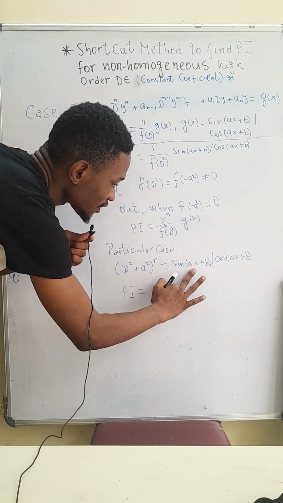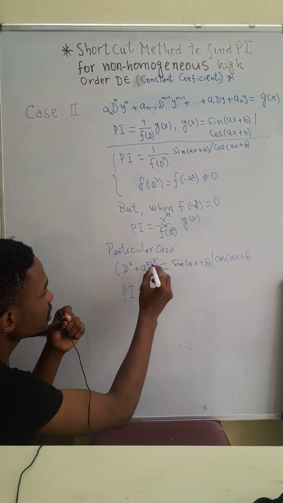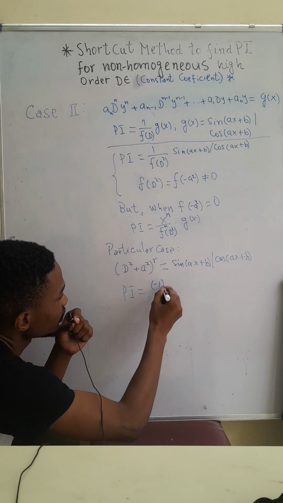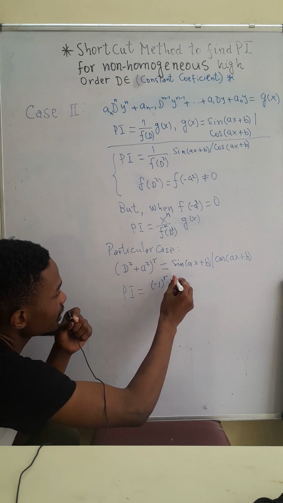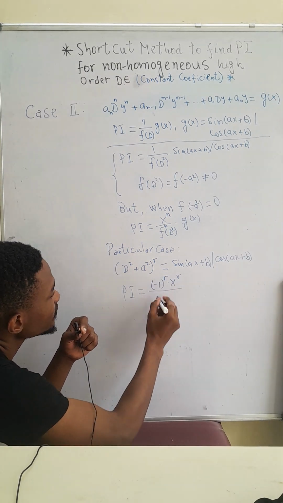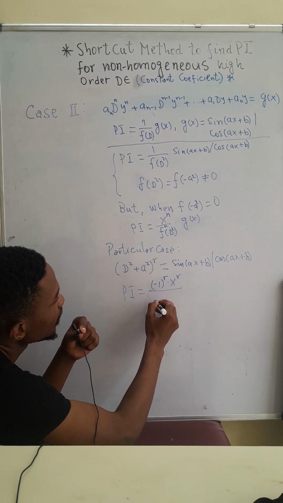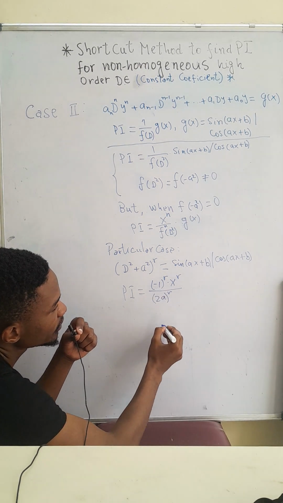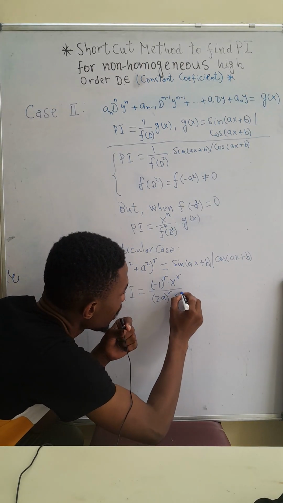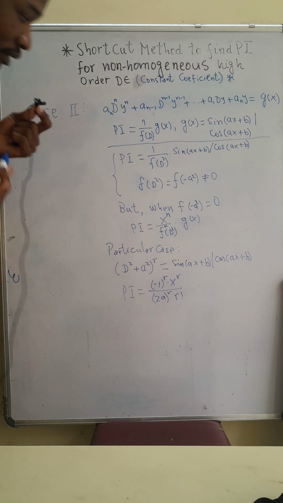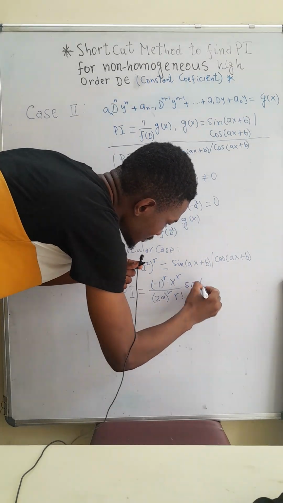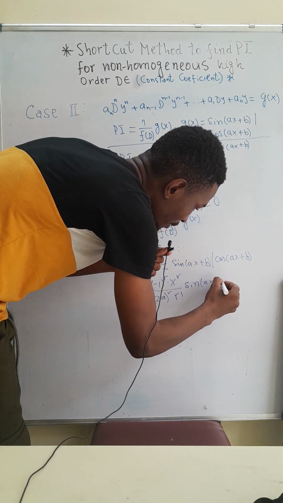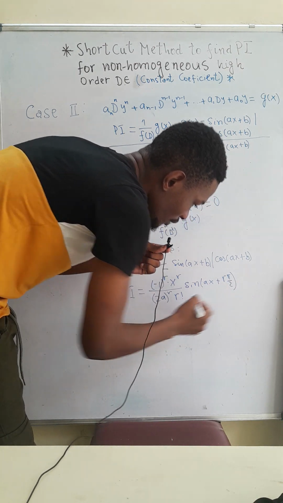So whenever we have expressions like this, I can calculate pi of this directly by minus 1 raised to r, x raised to r, all upon 2a raised to r, and here r factorial, times sine of ax plus r pi by 2, if it is sine.